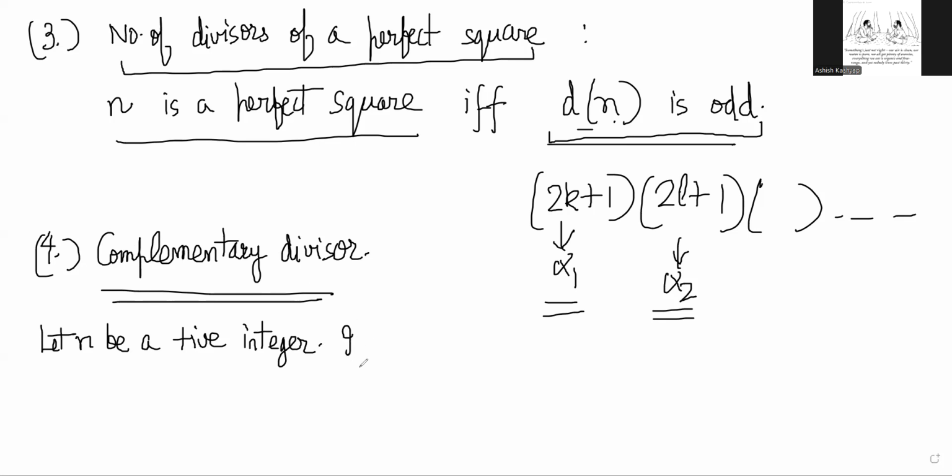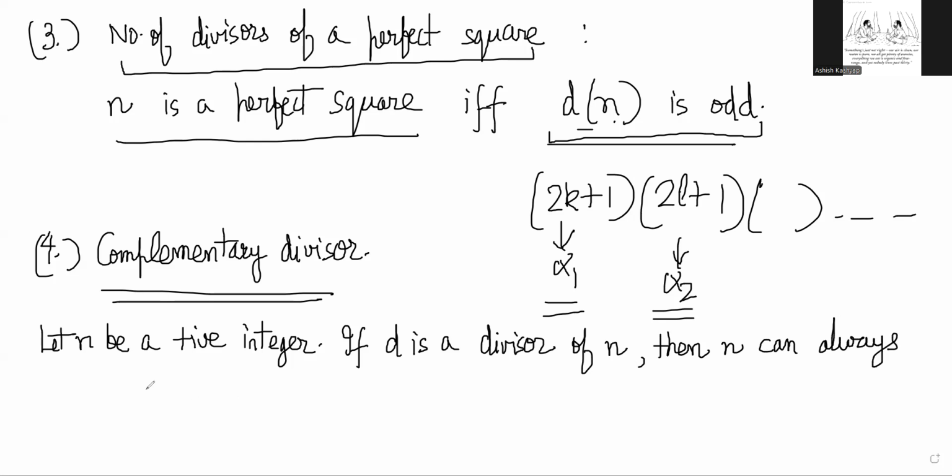If d is a divisor of n, then n can always be written as n is equal to d times n by d, right?